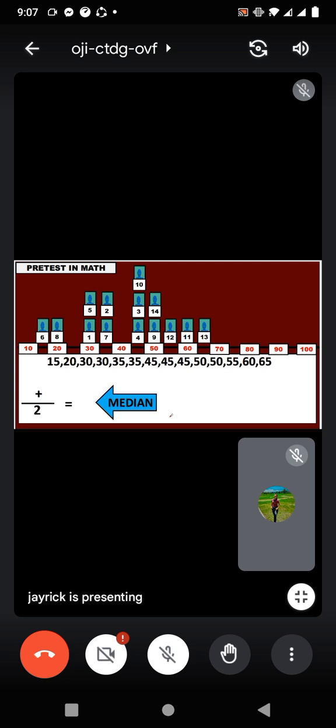So instead of having a score of 65, nagiging 0 ang kanyang score. Now the question is, will we still put the score of 0 on the right side, in the highest part of the ordered data set? Dili, sir.